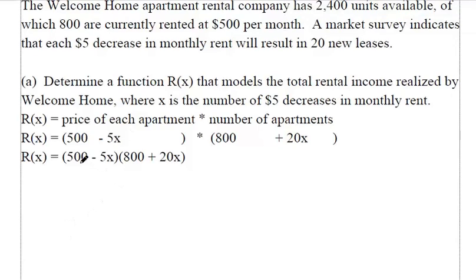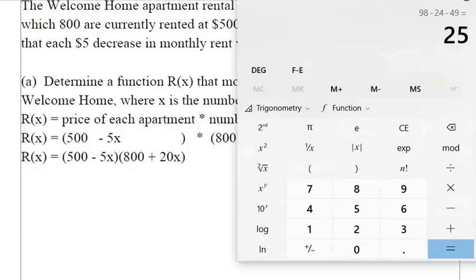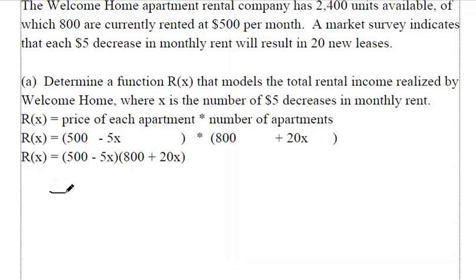So I'll do that. I'll multiply 500 times 800. That's 400,000. 500 times 20. I really should know what this is. That's 10 with 3 zeros extra.